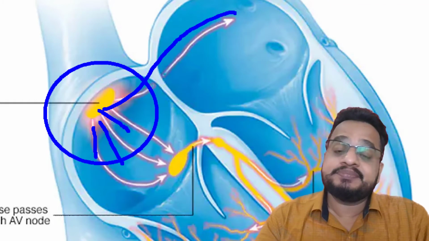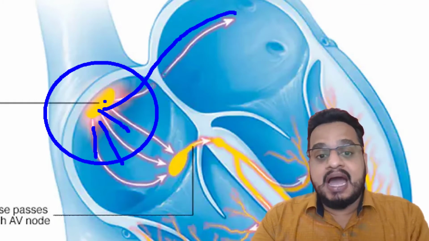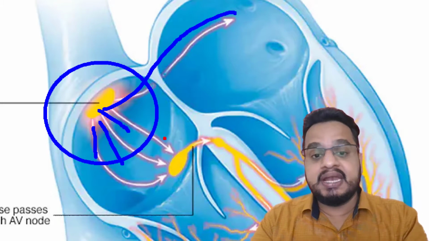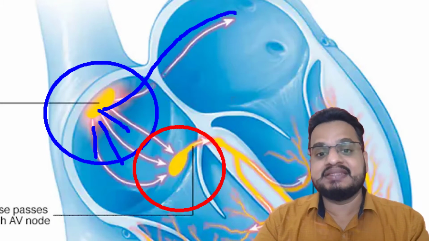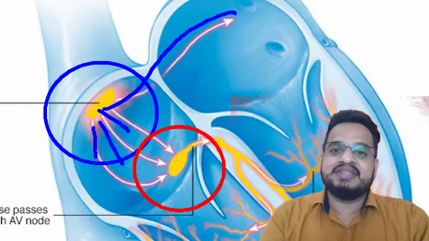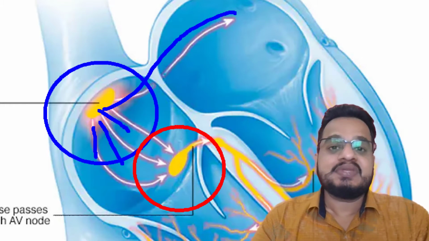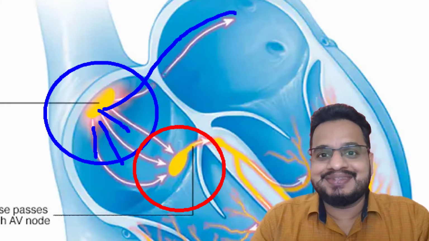Then these impulses are passed on to the next part, which I have shown in the red color, that is the AV node.